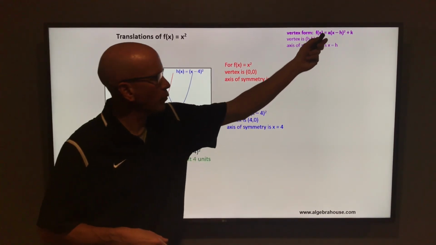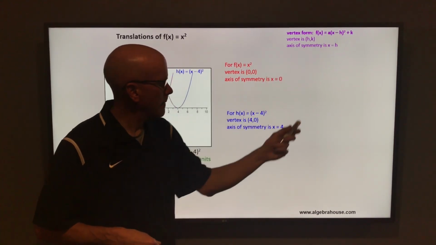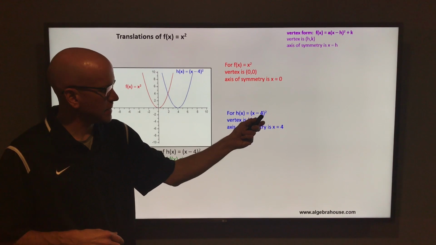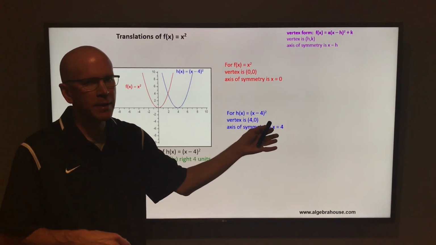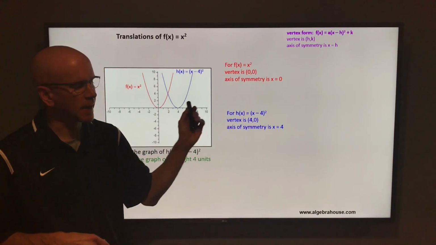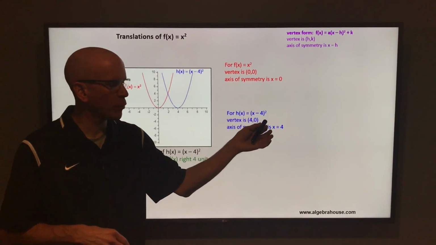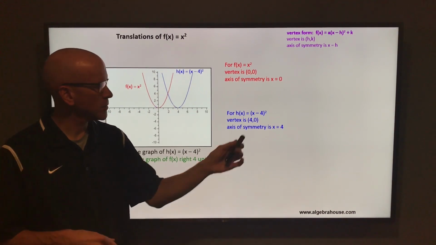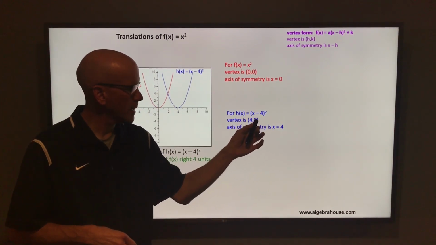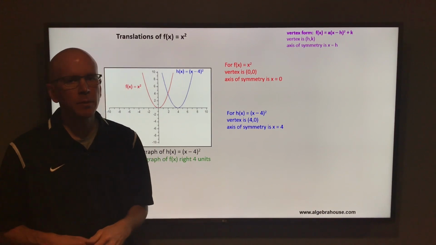In the form x minus h squared, the x-coordinate of the vertex is that number, in this case 4. Now if that was x plus 4 squared, the x-coordinate of the vertex would be negative 4, because when you add 4 to the value of x, it shifts the graph to the left 4 units.